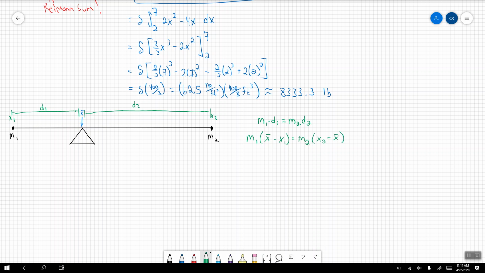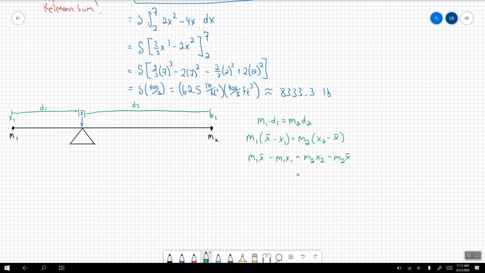Nice. Now that we have this, let's see if we can find what x bar is. In other words, what is the one balancing point where we need to place our scale to keep this balanced? To do this, we have to distribute m onto both sides. This is going to be m1 times x1 on one side, and on the other, m2 times x2 minus m2 times x bar.